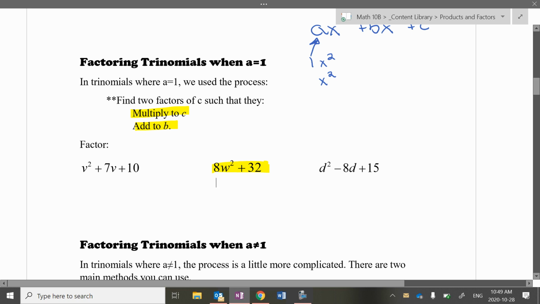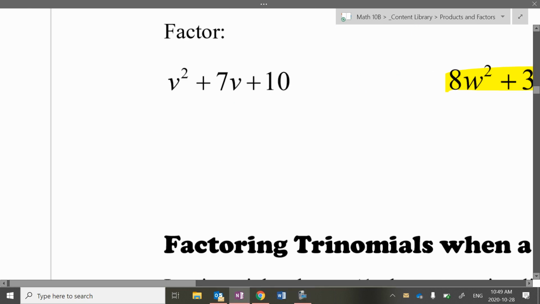Okay, so in this first one, what are the factors of 10? Good. And 1 and 10. What might help is literally writing these down. So you can do a little T-chart, and then on the other side, we're going to do our sum. 2 plus 5 is 7, 1 plus 10 is 11.